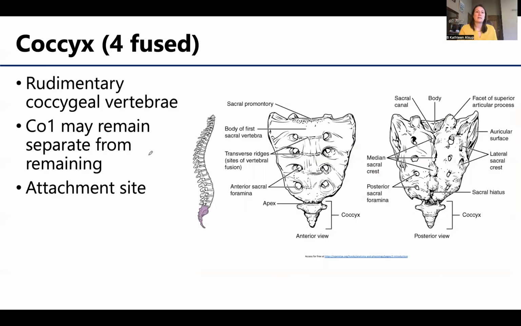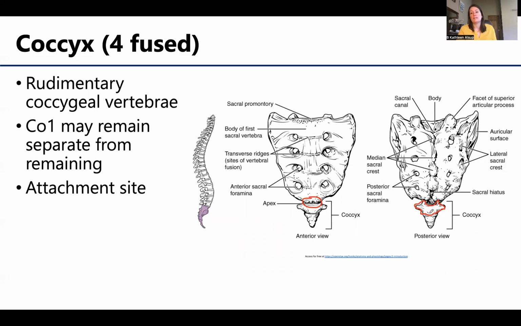All right, and then last but not least, we have the coccyx. So the coccyx is not a part of the true pelvic girdle. So it's really that sacrum and those hip bones, but it is going to have an articulation with the fifth sacral vertebrae and the first coccygeal vertebrae. It's this first coccygeal vertebrae that is typically the largest, as you can see here.